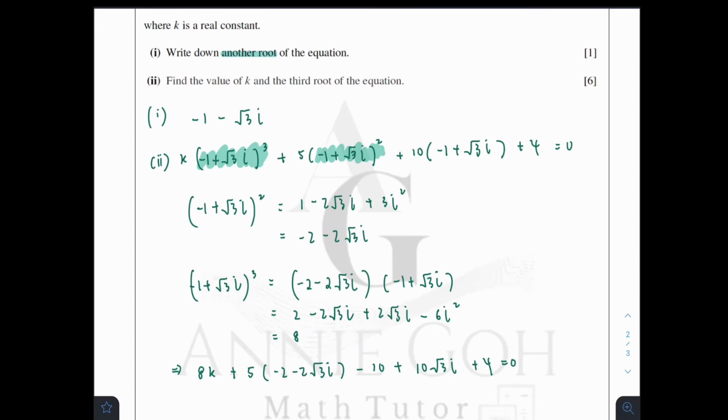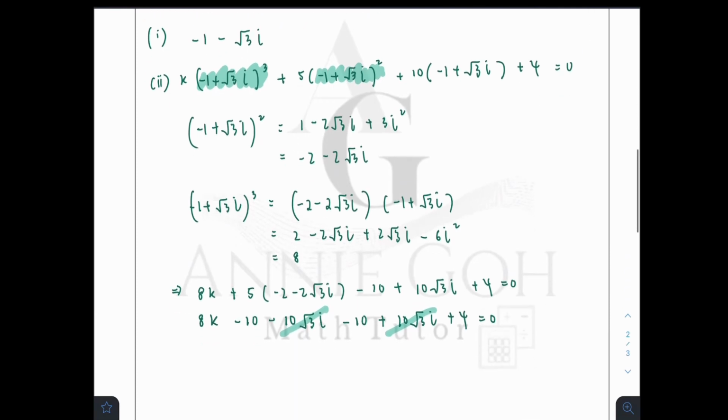Open up the bracket again, you will have 8k minus 10 square root 3i minus 10 again plus 10 square root 3i plus 4 equals to 0. You notice that these two cancel off, and hence 8k should be equal to 16, and therefore k's answer is equal to 2. That's how we solve the second part.